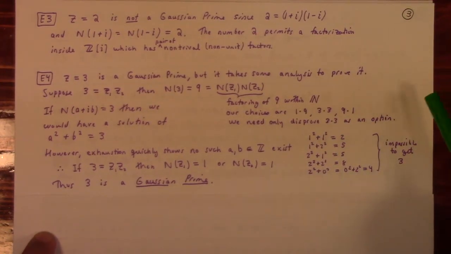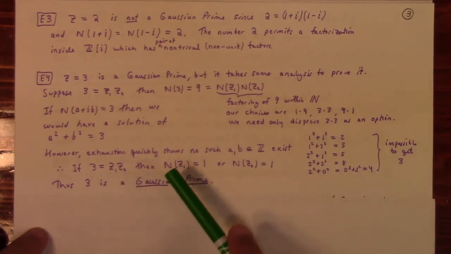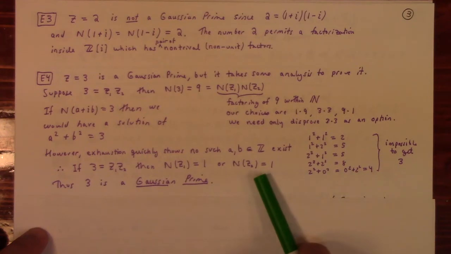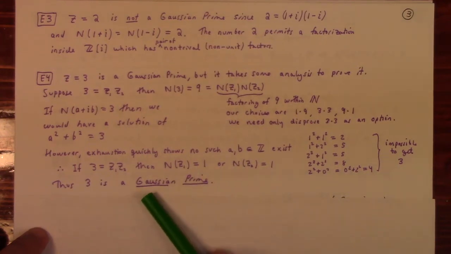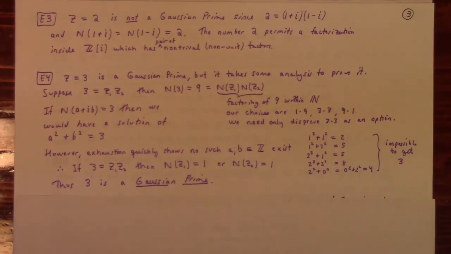So it's impossible to get 3 as the sum of 2 squares. Therefore, if you factor 3, either the norm of z1 or the norm of z2 has to be 1. Therefore, 3 is a Gaussian prime.